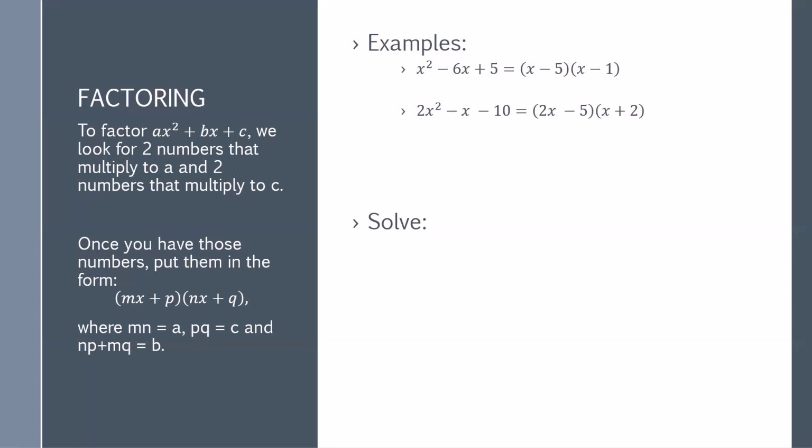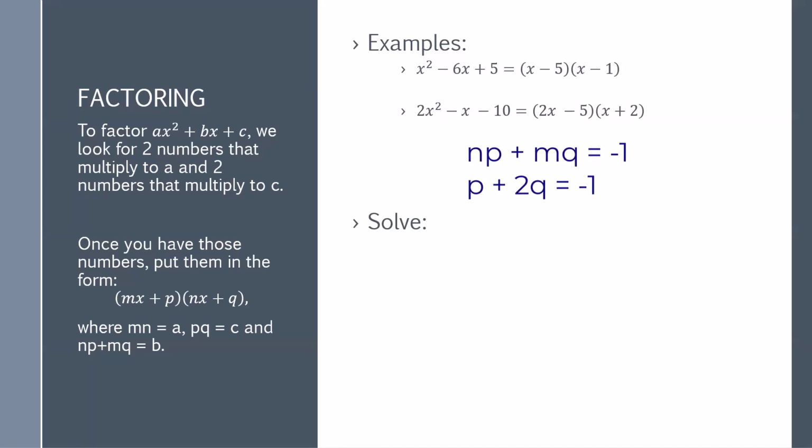Similarly, if we have 2x squared minus x minus 10, we need two numbers that multiply together to get 2. In this case, that'll be 2 and 1. We also need two numbers that multiply together to get -10. That would be -1 and 10, 1 and -10, 2 and -5, or -2 and 5.